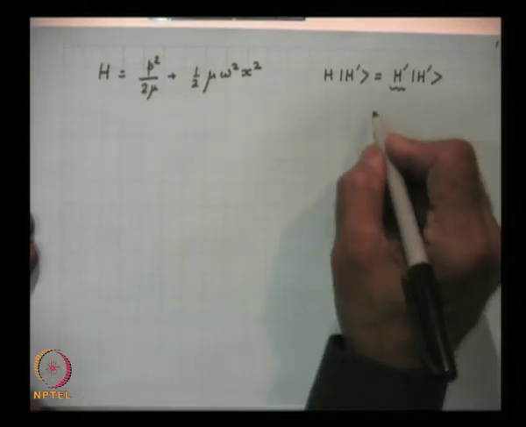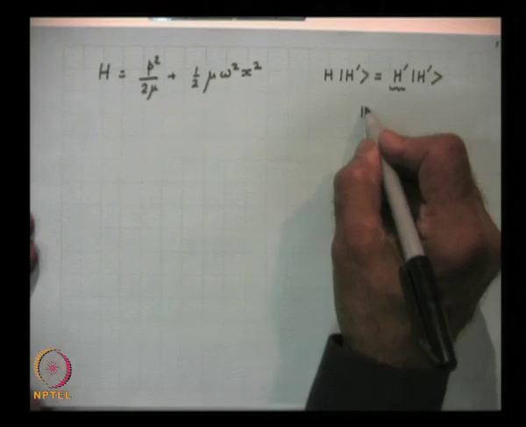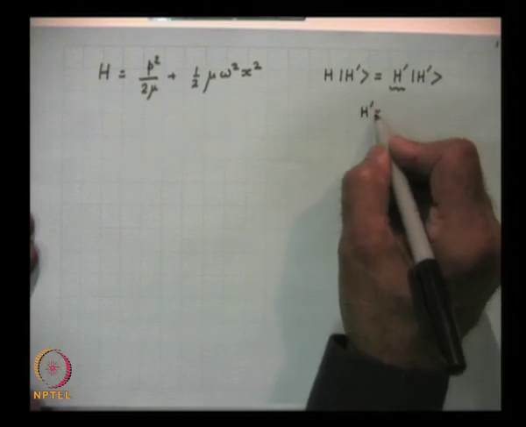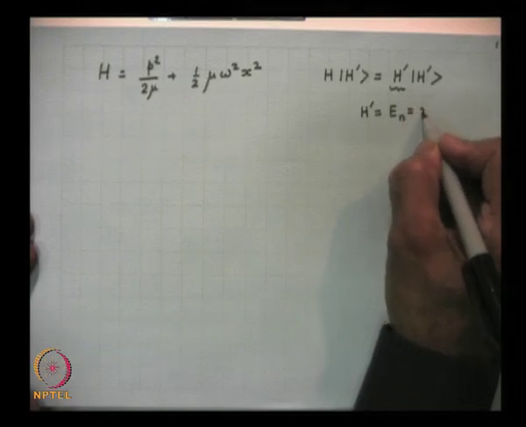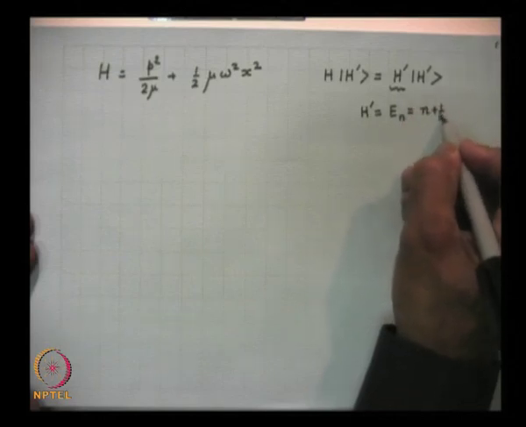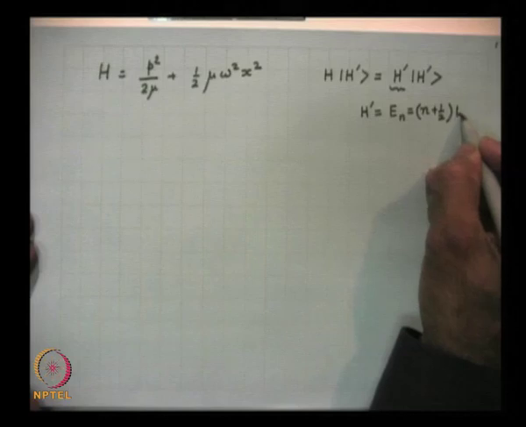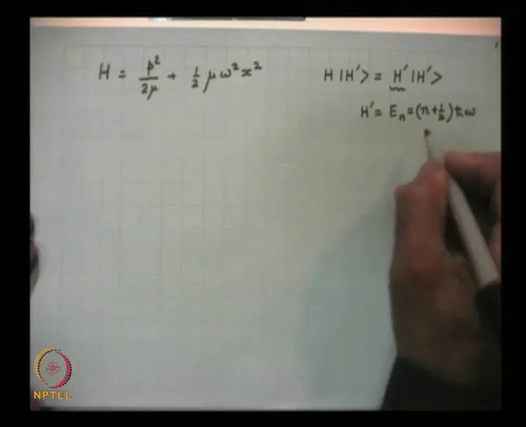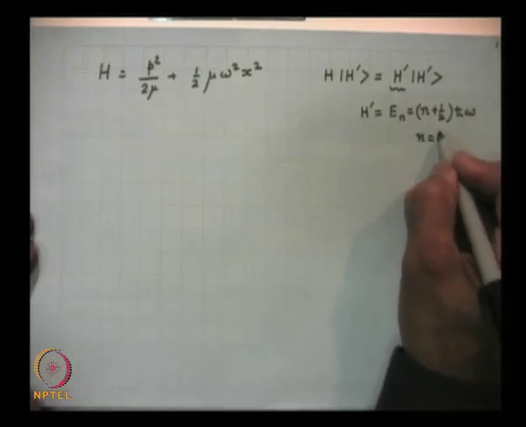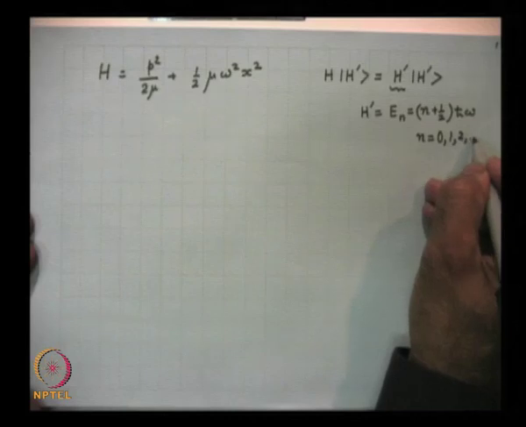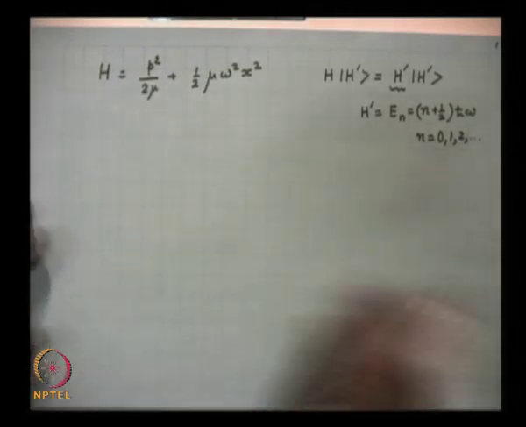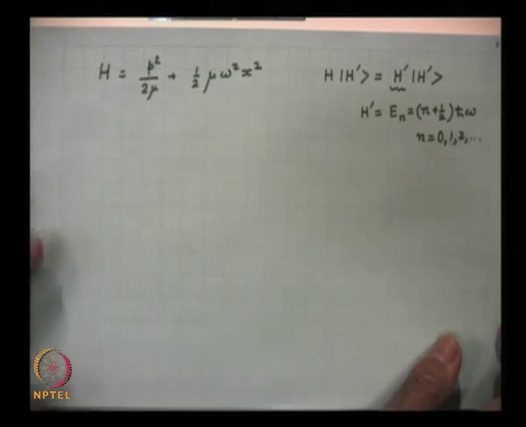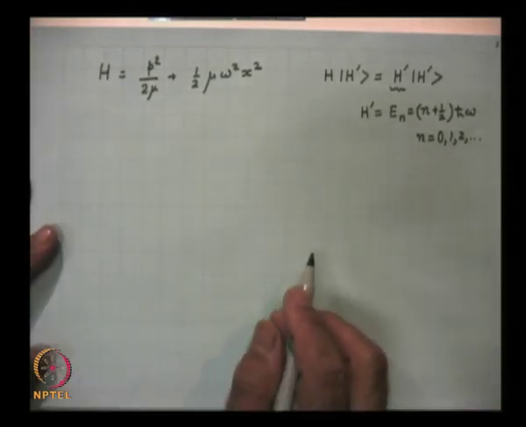We had shown that the eigenvalues h prime is equal to E n, which is n plus half h cross omega, where n takes the values 0, 1, 2, 3, etc. So, we obtained the same eigenvalues as we had obtained while solving the Schrodinger equation.